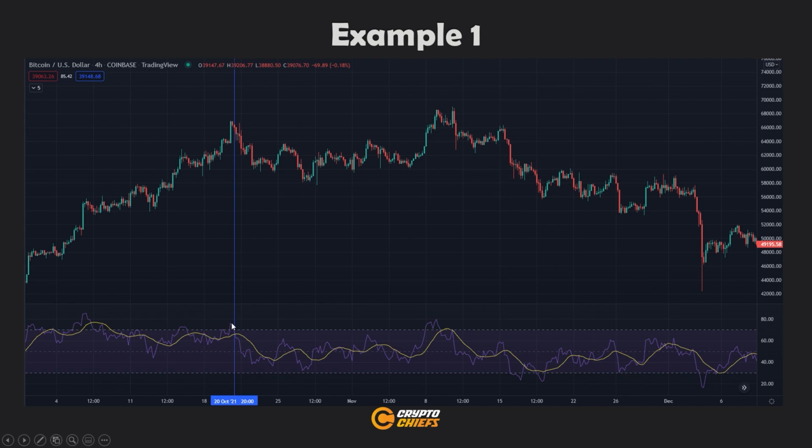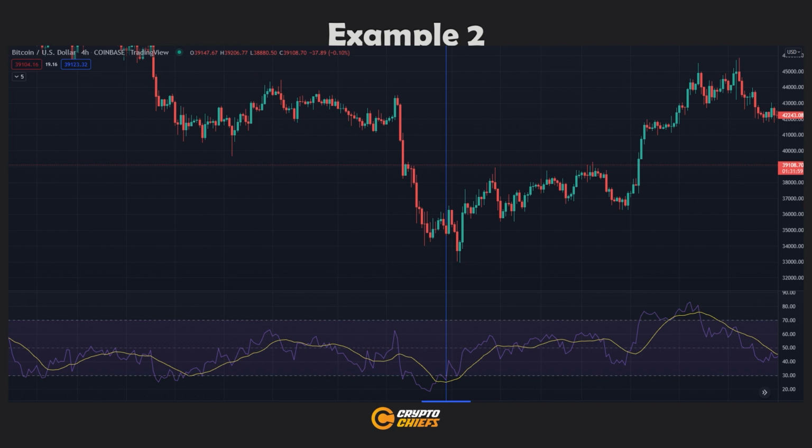We've come from above the 70 level, from overbought, and crossed back down below 70, and we can see that the price then started to move down. So that would have been an indication, as we crossed down, potentially either to open a short position or close your long position on this trade.